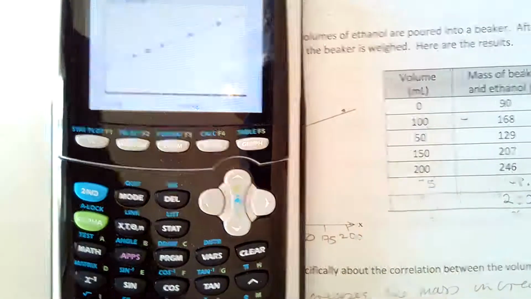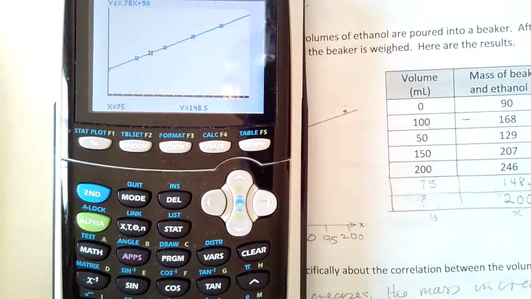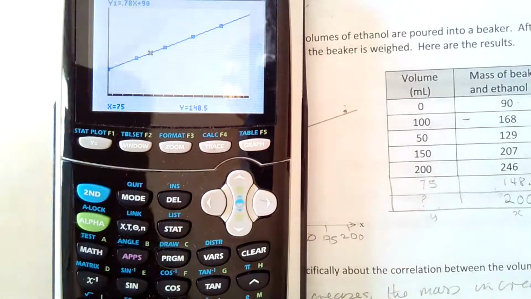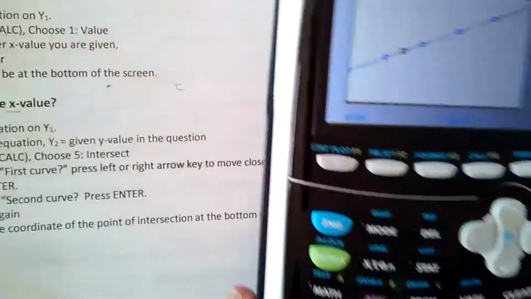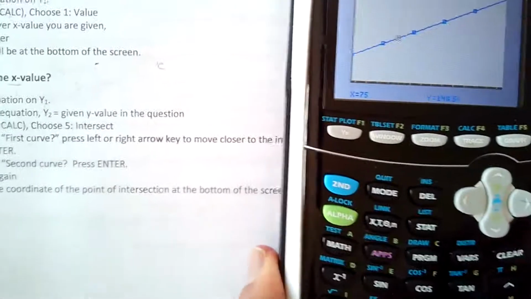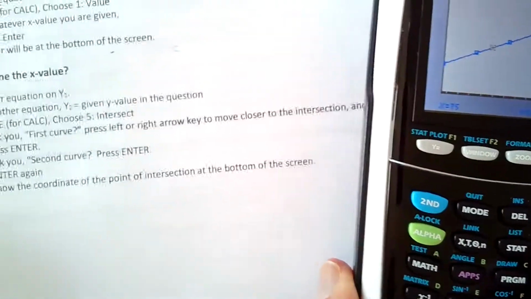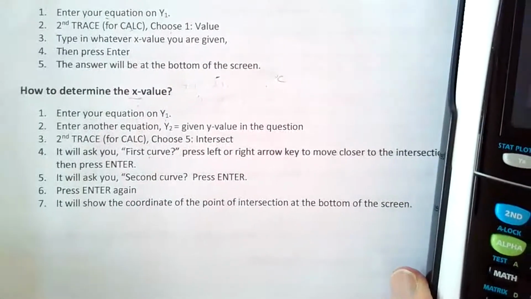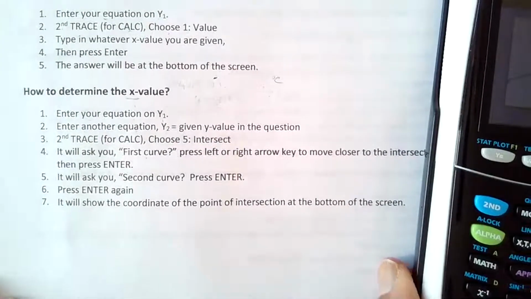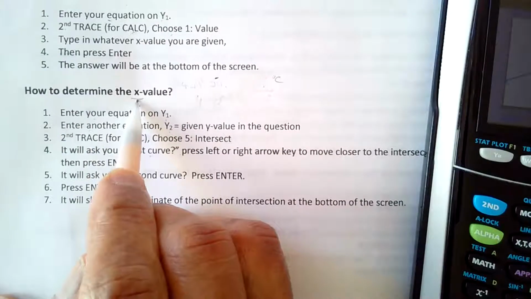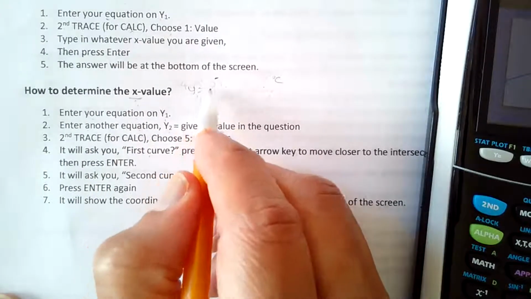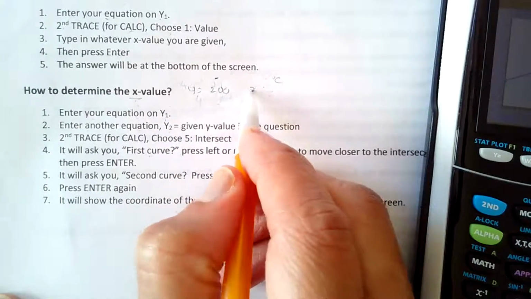And this is where you will be finding the X value from your instruction manual. I'm referring to these so you will be familiar. There we go. I'm going to determine the X value. I know my Y is given as 200. What is my X?